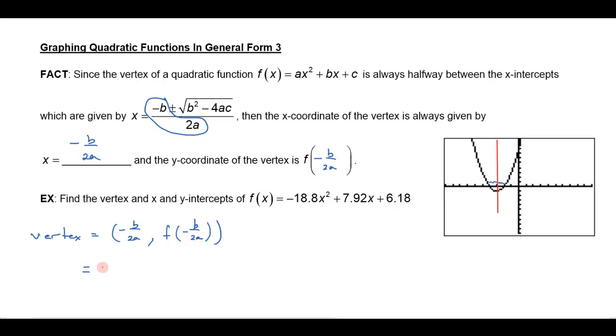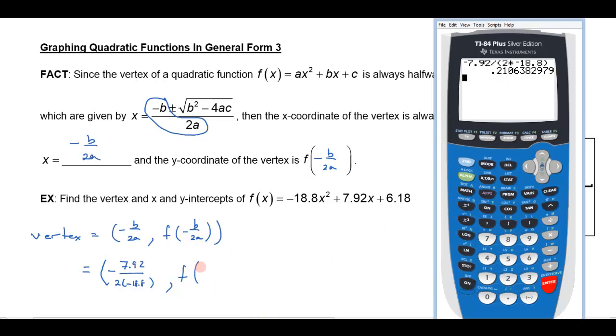So let me write it out here first: negative 7.92 over 2 times negative 18.8, comma, and then f of whatever that is, which we just found on our calculator, about 0.210.